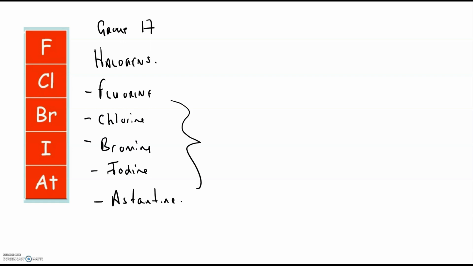These guys have a common property. They are all toxic as well as highly reactive. And you're probably saying, well, where have we seen these before, Mr. O? What are you talking about? They're highly reactive and also toxic.